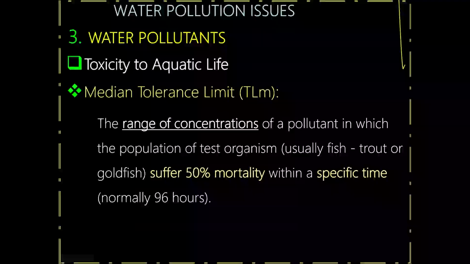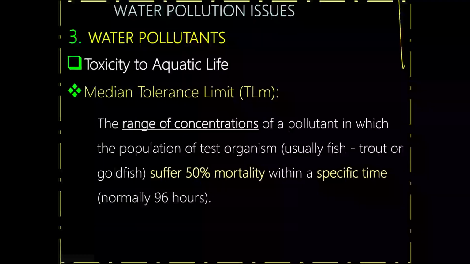So we use fish, for instance. If the fish suffers 50% mortality within a specific time, normally 96 hours, then we will say that the pollutant that is introduced into the water is toxic to aquatic life. That is it. So we use the fish, the trout or the goldfish to determine if the pollutant you are releasing into the water body is toxic to the aquatic life in there.